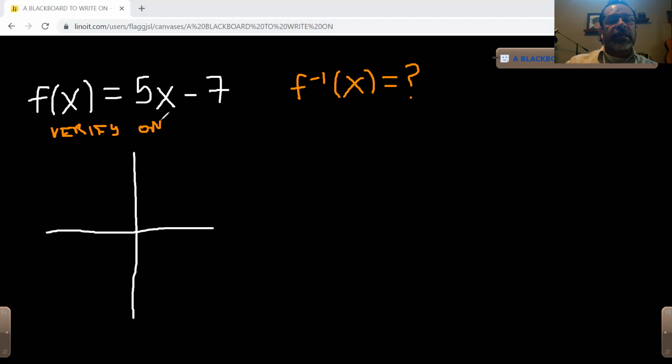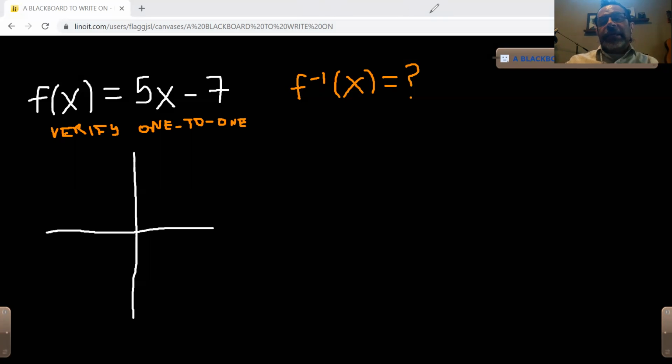That's the first thing I need to do, because if it's not a one-to-one function, then I can't find the inverse. And how do I do that? Like Andrea mentioned, we can do the graph and do the horizontal line test. So this should be a piece of cake to all of you.